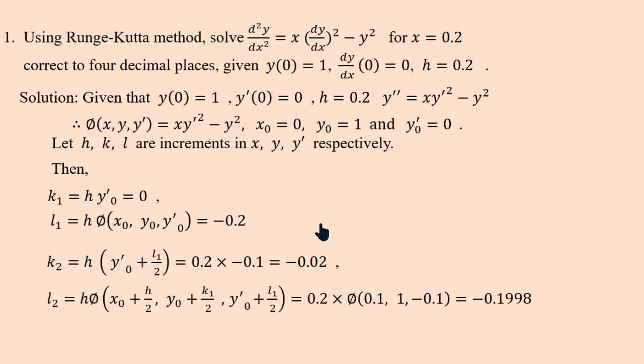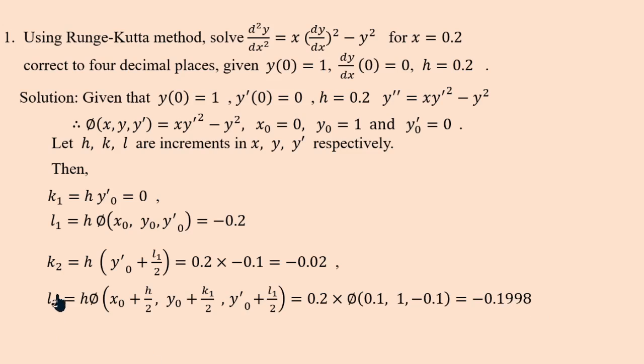X, y, y dash: x y dash square. That means 0.2 into, bracket open, 0.1 into minus 0.1 square. So it becomes plus. So 0.1 into 0.1 square minus 1 square. So that is minus 0.1998.